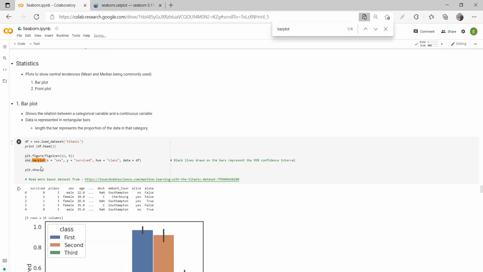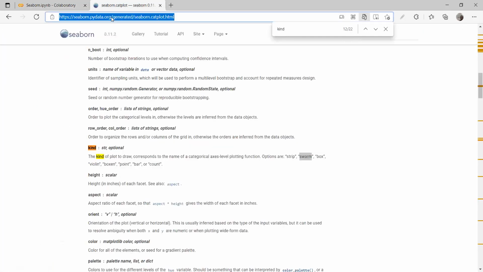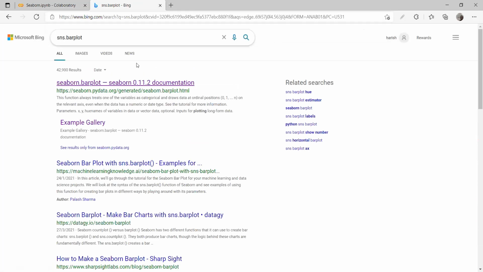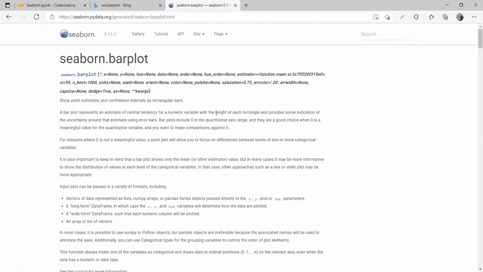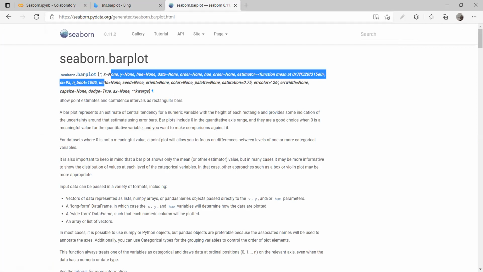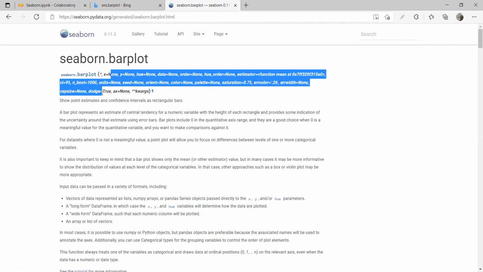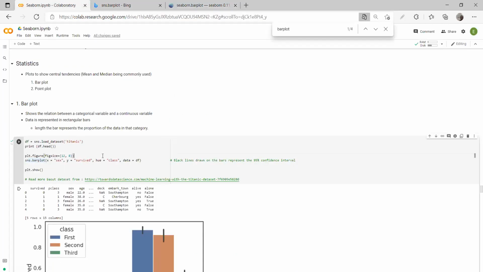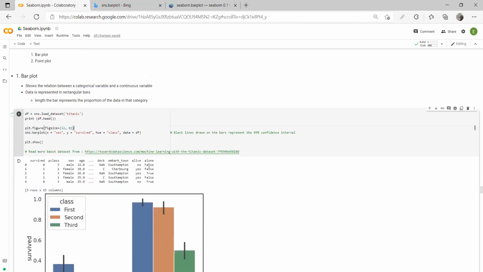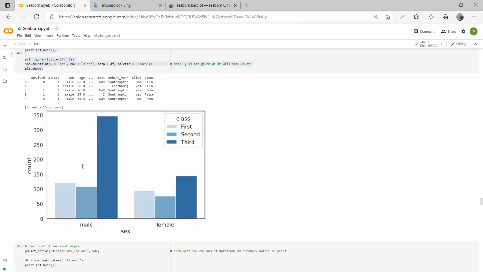We'll have to see whether it has a column parameter or not. Let's see. I don't think so. No, it doesn't have a column parameter. Okay, so from bar plot we can only derive one. Yes, yes.